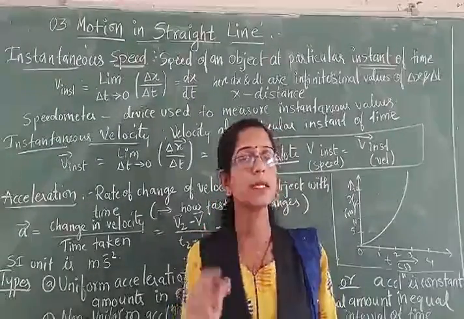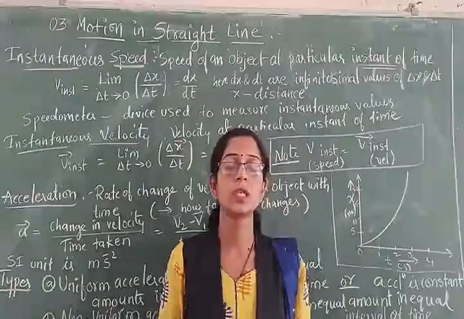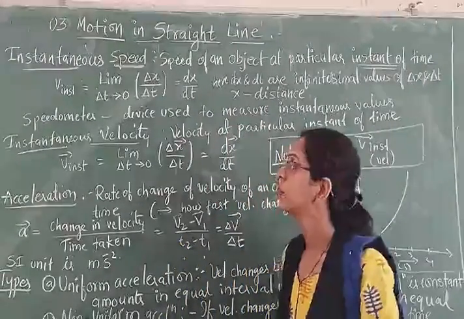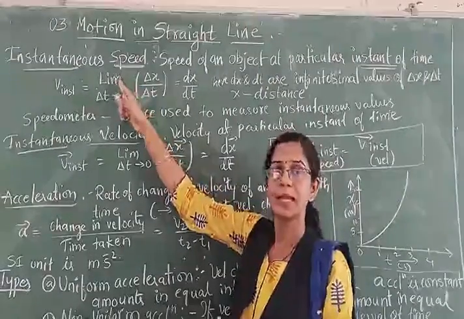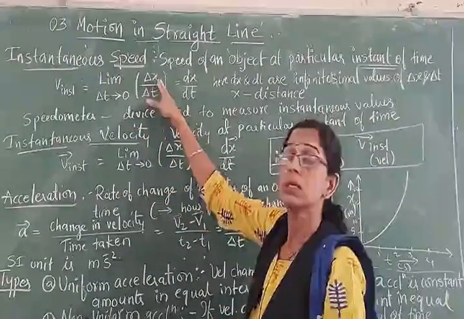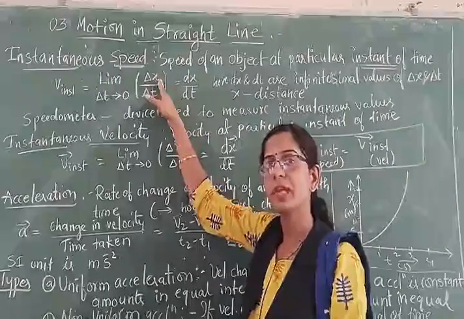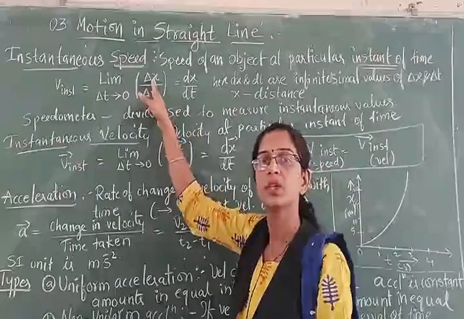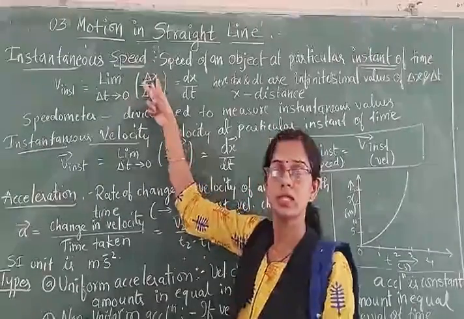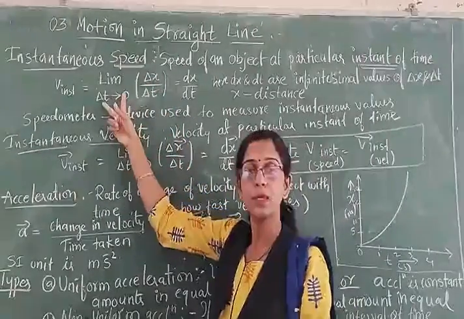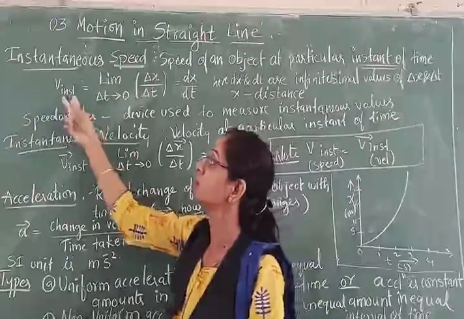To represent these values, we use a type of variable called a limit. Whenever I apply a limit to distance, where x is the notation representing distance, I get velocity.